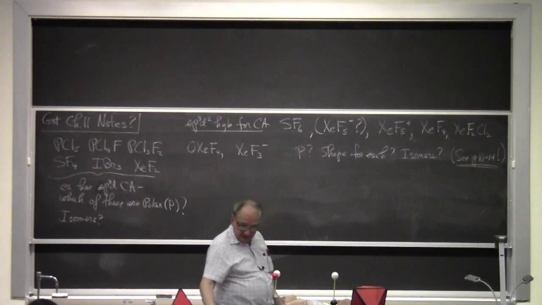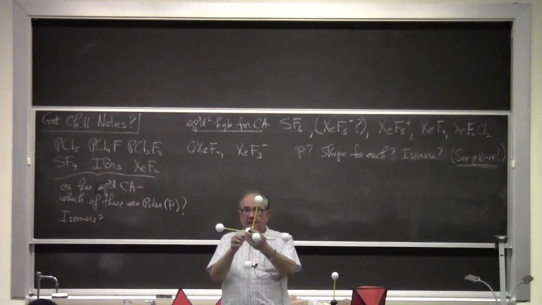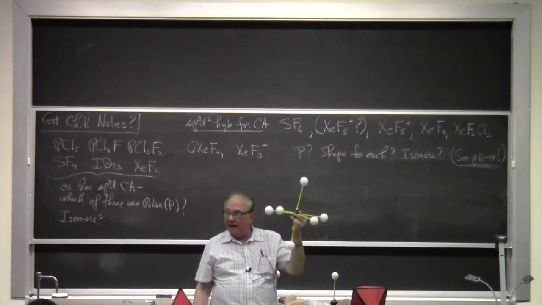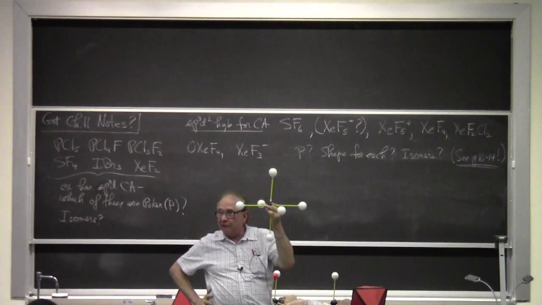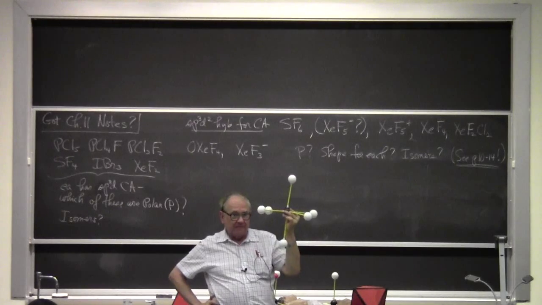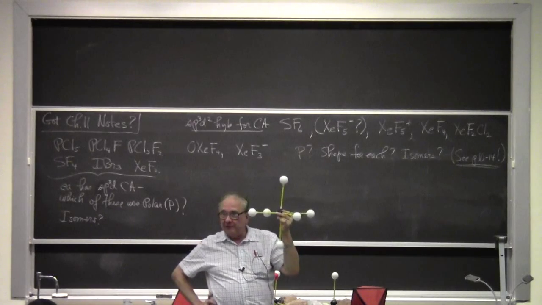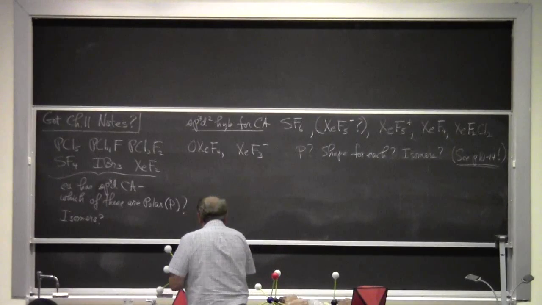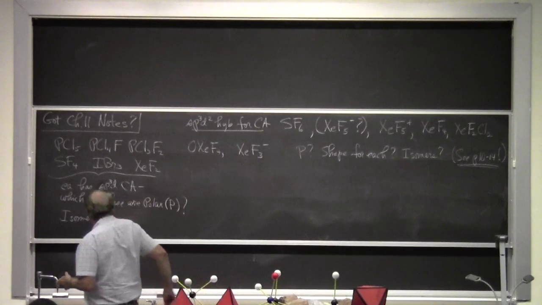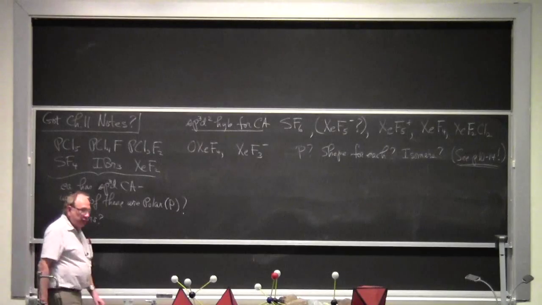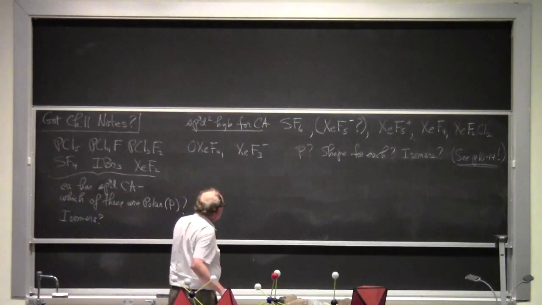But for an octahedron, 90 degrees or 180 degrees, that's it. There are no other bond angles. This is a much more symmetric, uniform geometric shape. It's geometrically simpler than the trigonal bipyramid, even though you've got one more peripheral atom. So with that, let's take off on some of the stuff you did yesterday. You may even have engaged in these considerations.